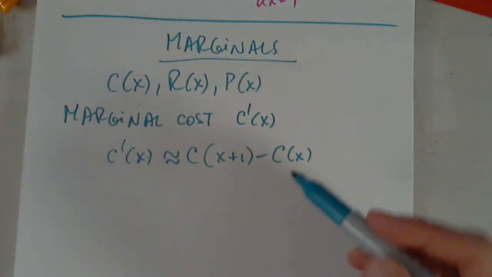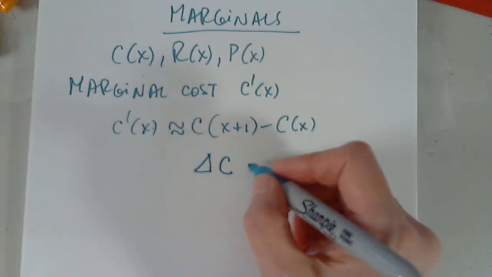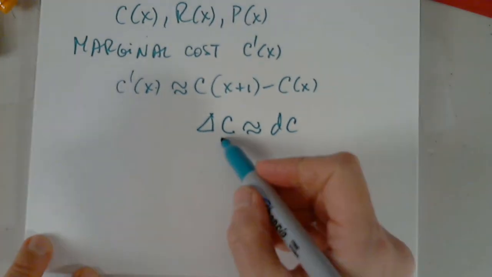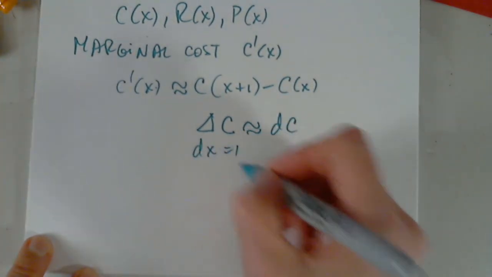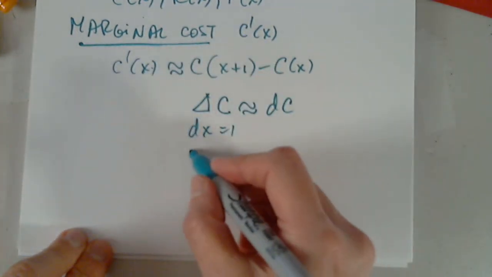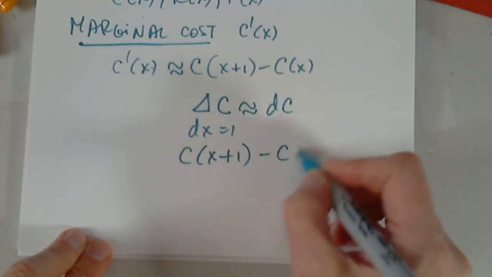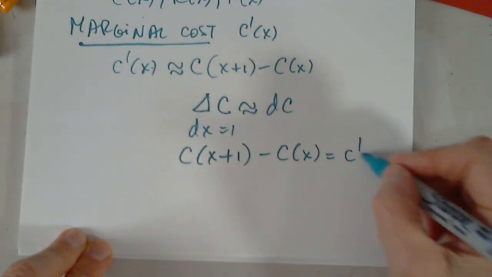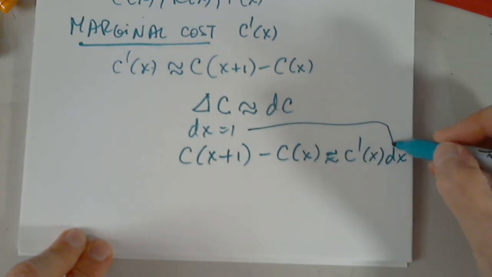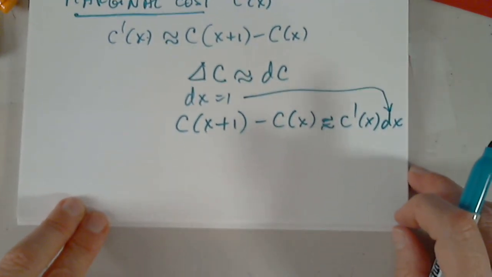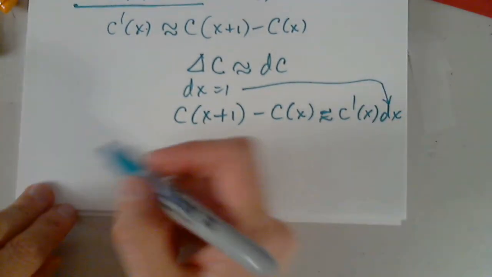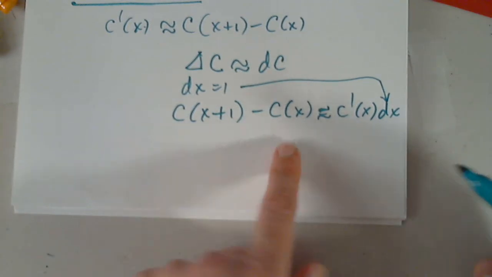So it's the same as saying delta c is approximately dc, where dx is 1 as a specific case for the marginal, and then we have c of x plus 1 minus c of x equals, approximately, c prime of x dx, but this is 1. Why we write it vice versa doesn't matter really. Your book writes it as c prime of x equals this, but it's the same thing.